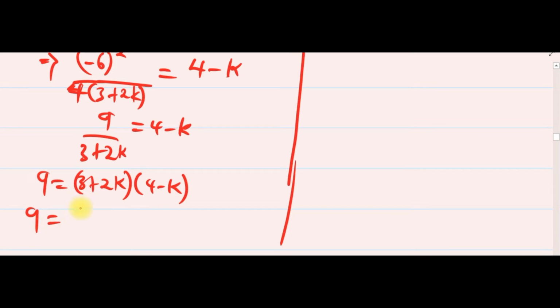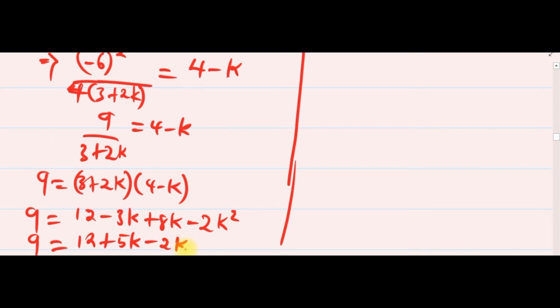So 9 equals 12 minus 3k plus 8k minus 2k squared. So we have 9 equals 12 minus 3k plus 8k, which is plus 5k, minus 2k squared.